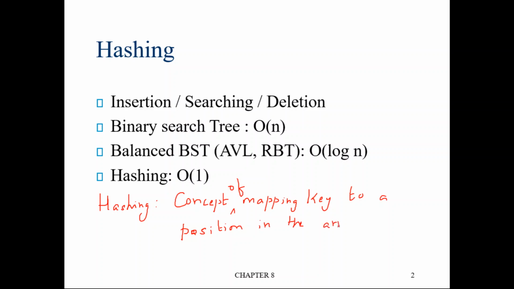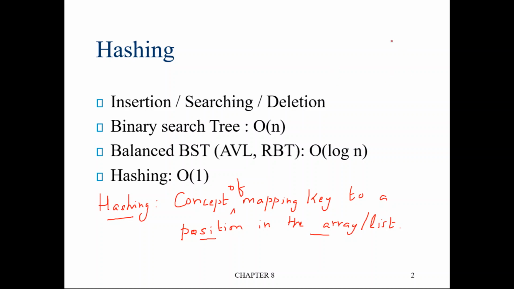Given a key, where should it be placed in the array? That is what hashing is going to do. So hashing is the concept of mapping a key to a particular position in an array or a list.